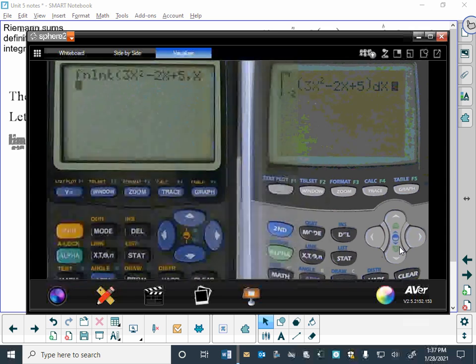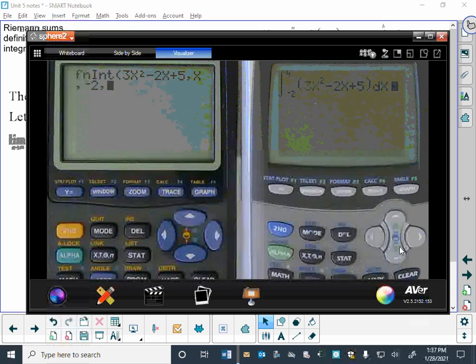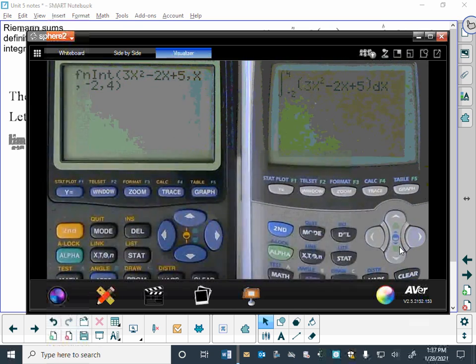That's what normally would go after the dx, and then the left-hand side is -2, and the right-hand side is 4. Okay. I usually read this as the numerical integral of 3x squared minus 2x plus 5 as x goes from -2 to 4. Okay. I'll hit enter on these simultaneously.